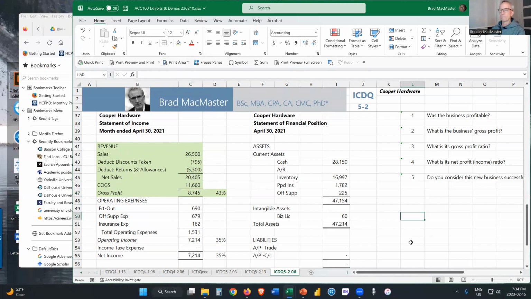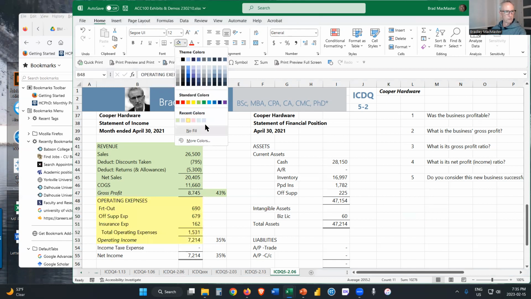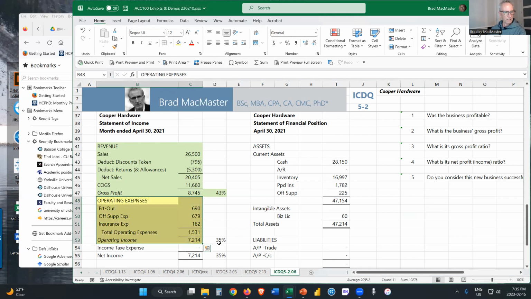In the second step of a multi-step income statement for a merchandising company, we have the operating expense block, or the operating income block, okay? And let's make this yellow for contrast. And we can also calculate the operating profit percentage.